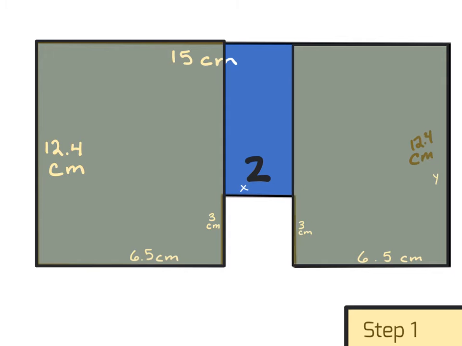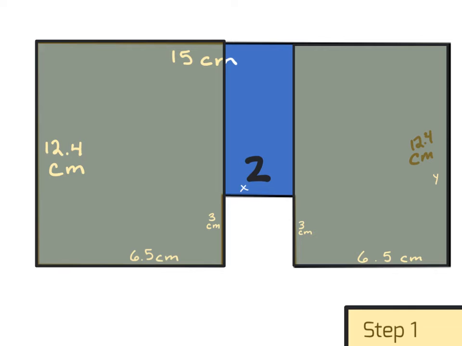So it's about right. Perfect. And then I've got one rectangle here that I could solve for, which is my base times my height, which is 6.5 times 12.4. And then I've got my base here for this rectangle, 6.5 times my height, which is 12.4.